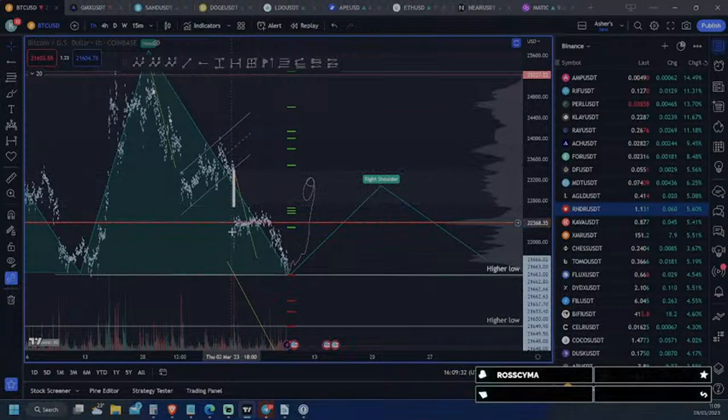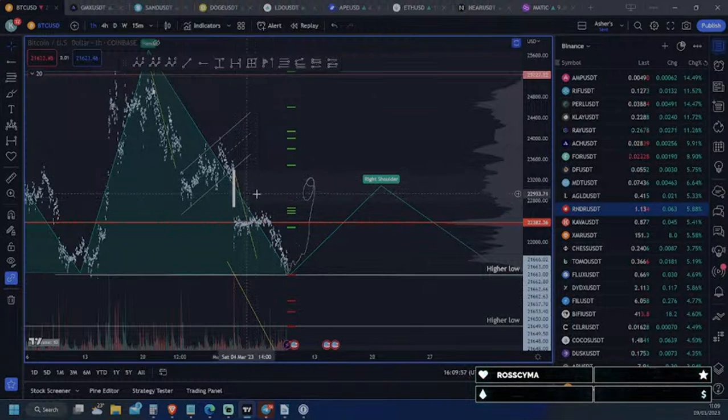What happened when we came down here is we actually used the true gap, or the fair value gap, as resistance. So the market makers weren't ready to fill this gap because they wanted to leave it to be filled later on. So we came down further, but it doesn't mean that this won't still get filled.